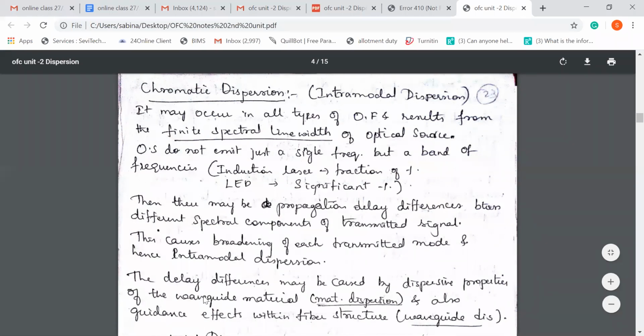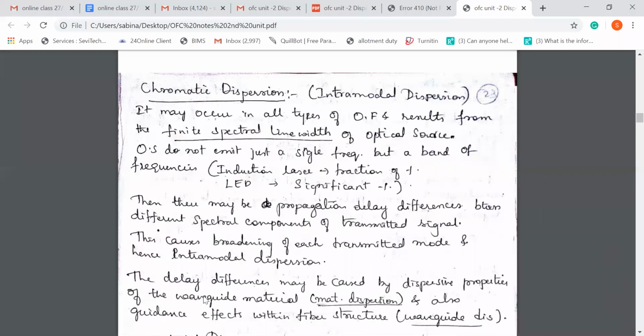Whatever LED or infrared LED you use has a finite spectral line width and will emit a broad band of frequencies.